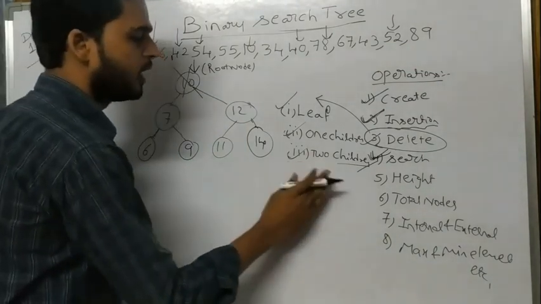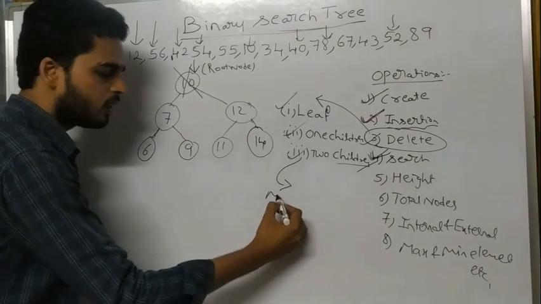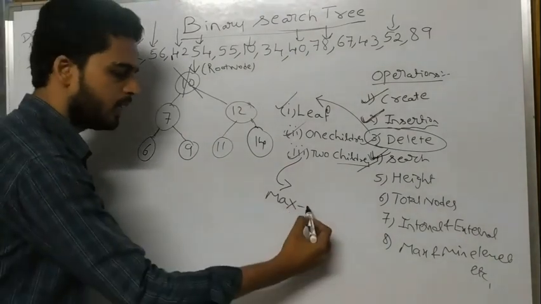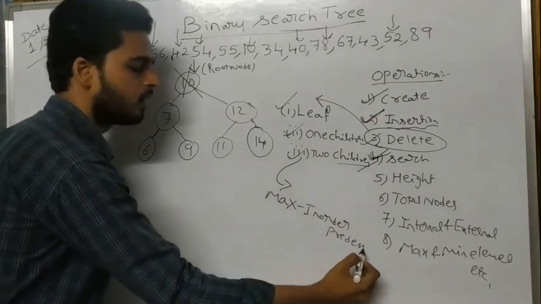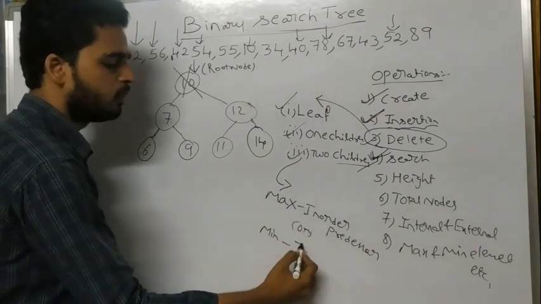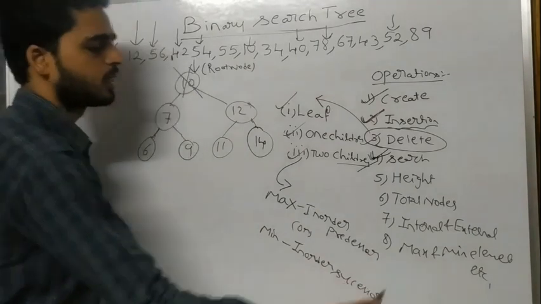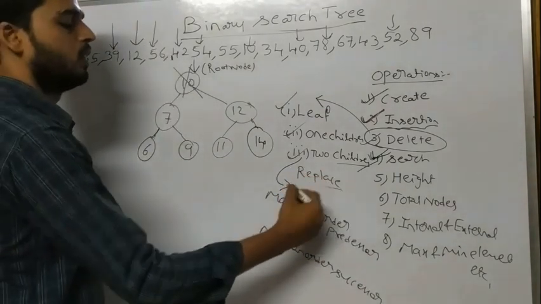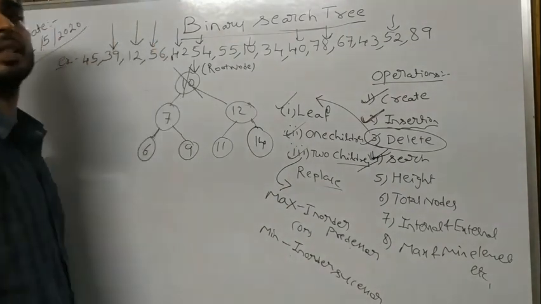What I am suggesting is, if you are going to delete a node having two children, you have to take the maximum node value from the in-order predecessor or the minimum value from the in-order successor. You have to replace the deleted node with the in-order predecessor or in-order successor.